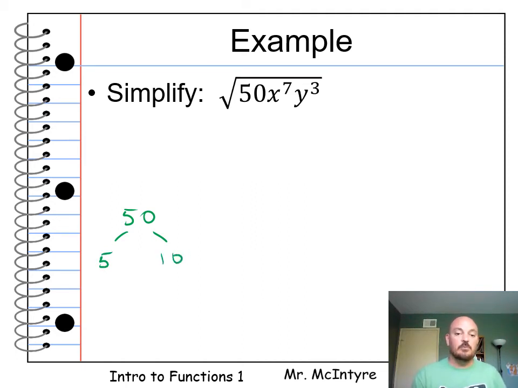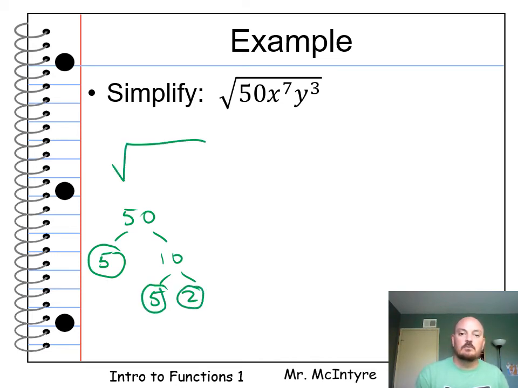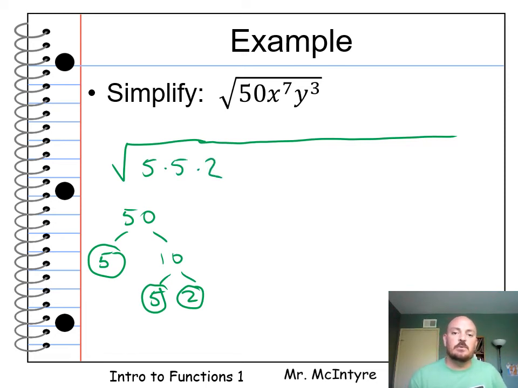It can't be divided anymore, but the 10 could be 5 times 2. So the 50 is going to be 5 times 5 times 2. And then the rest of it is easy. We don't need factor trees. We need 7 x's. 1, 2, 3, 4, 5, 6, 7. And then we need 3 y's. 1, 2, 3.